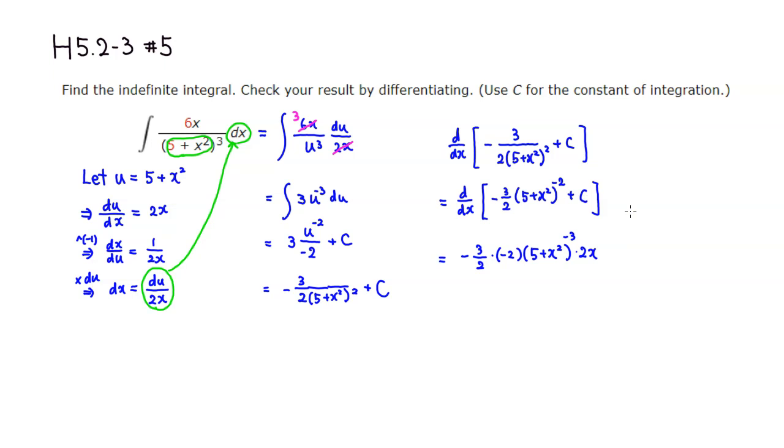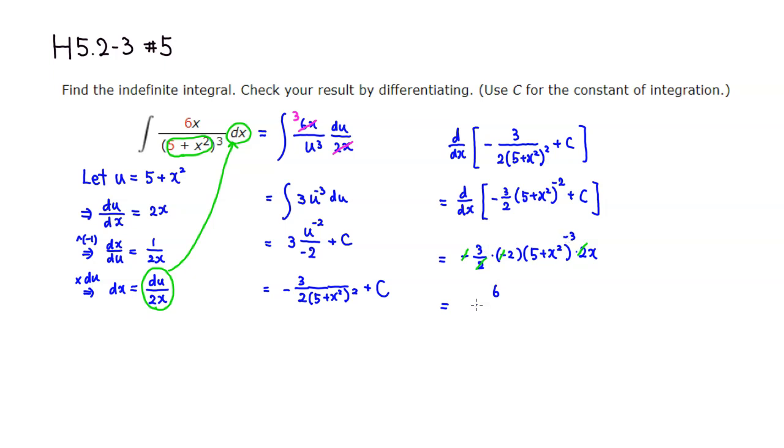Let's clean this up. We can cancel: there's a 2 on top and 2 on the bottom. And there's a double negative, so the negative signs cancel out. Then 3 times 2 is 6.